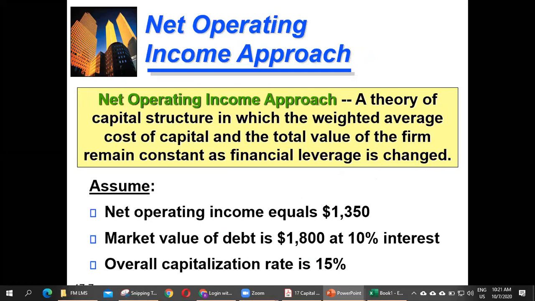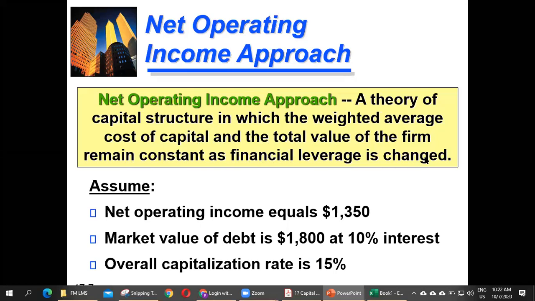So what does this theory say? According to this theory, whether the capital structure impacts the value of the firm or not. Weighted average cost of capital means KO, and total value of the firm remain constant as financial leverage is changed.